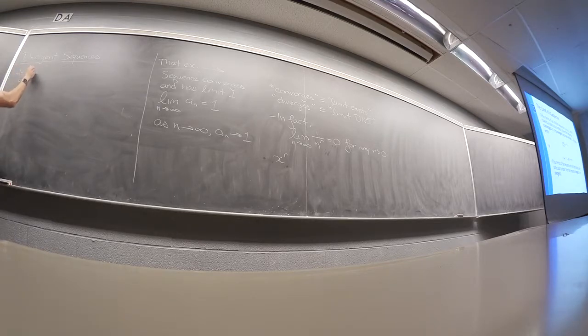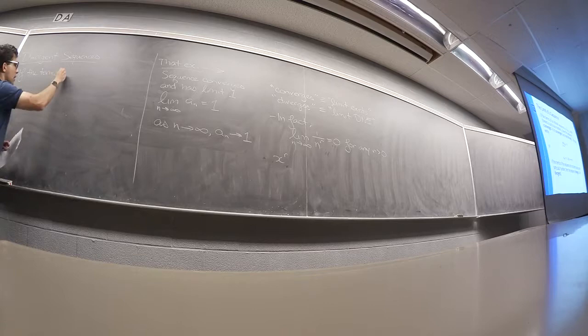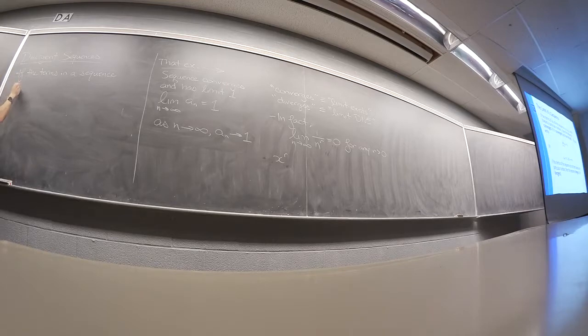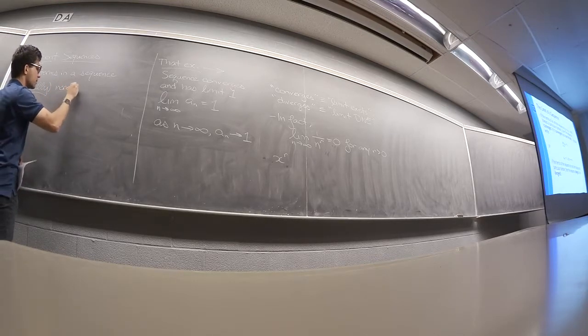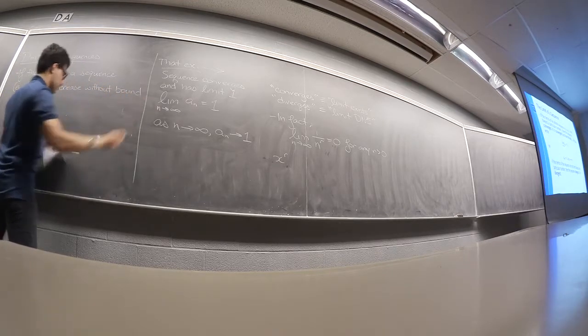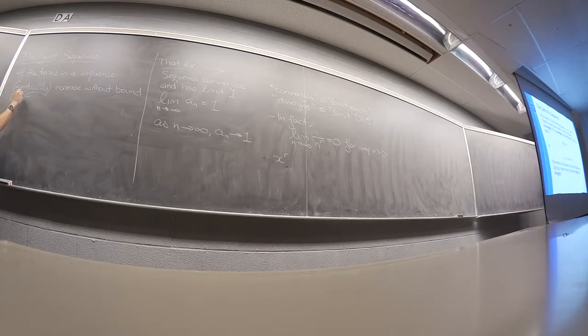If the terms in a sequence eventually, and it's always eventually, increase without bound as n increases, then we write the limit as n grows of a sub n is equal to infinity.